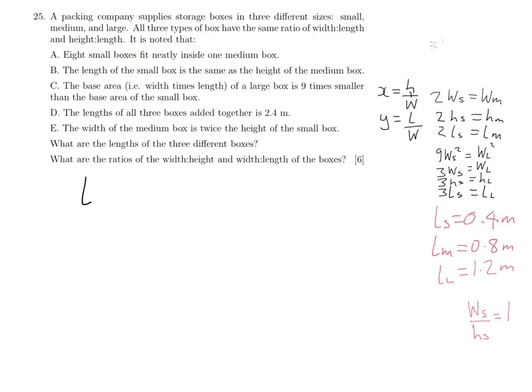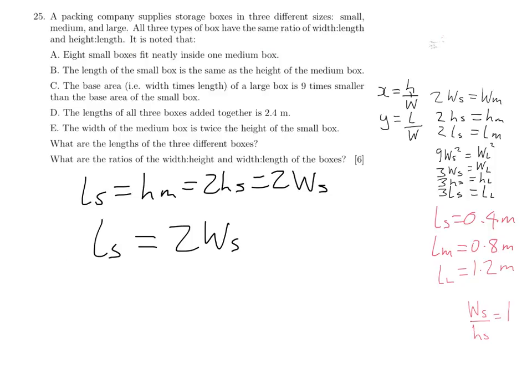Final thing that we need to do is find that width to length ratio. So we know that the length of the small box and the height of the medium box are equal, and then they're both equal to 2 times the height of the small box. So then we can say that the width of the small box is twice all these other things as well, and what we've got is the width of the small box and the length of the small box.